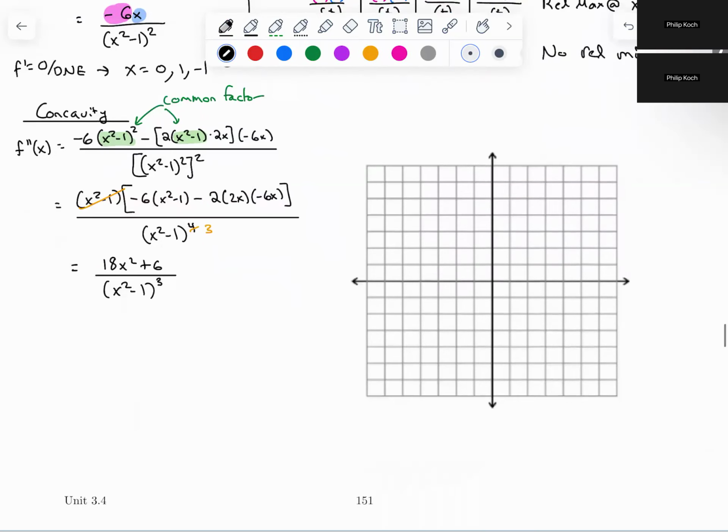It's a lot of algebra, so please take a second to make sure you're with me. If you have any questions, feel free to ask. But that's a little nifty trick that you can do. If you're really going to have to simplify something, see if there's any common factors to make it easier on yourself. It wouldn't be wrong to FOIL it out. It's just going to take a lot of extra work. You know what I mean?